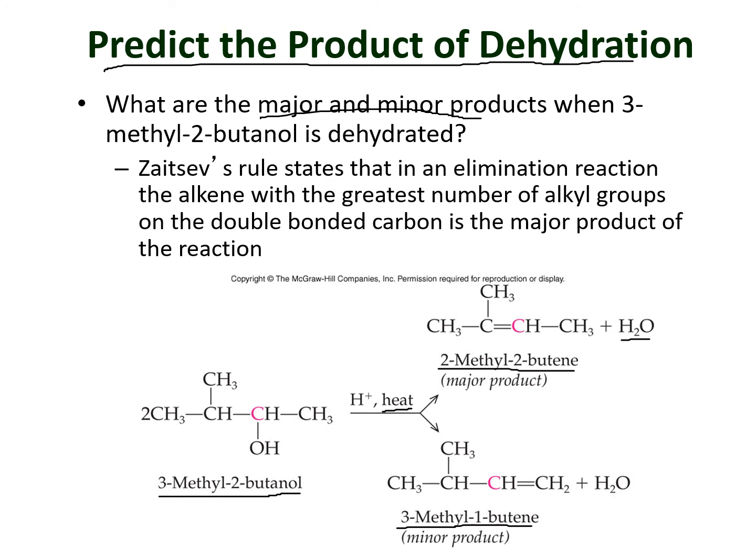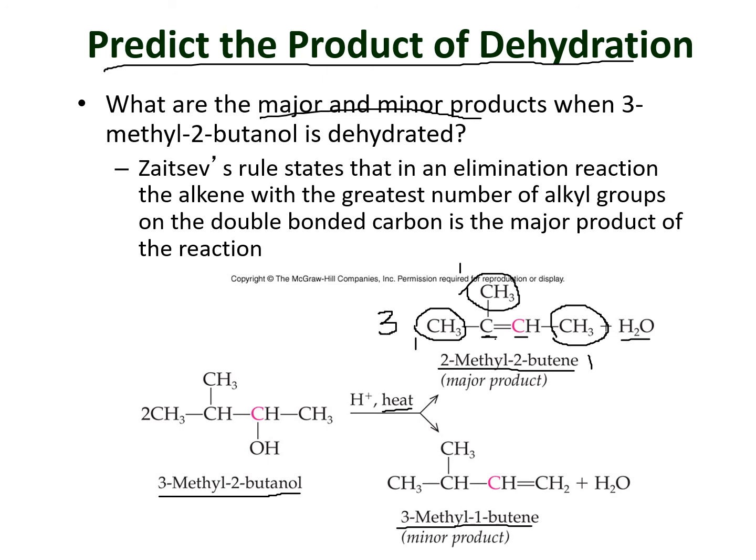In this scenario, in the top one, here is the double bond between this carbon and this carbon. So we have to check how many alkyl groups these carbons have. This one has 1 methyl group over here, and this carbon has 2 more methyl groups, 1 here and 1 here. So the total number of alkyl groups in this case becomes 3.